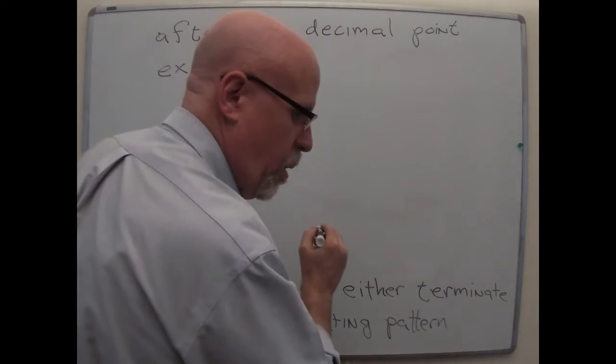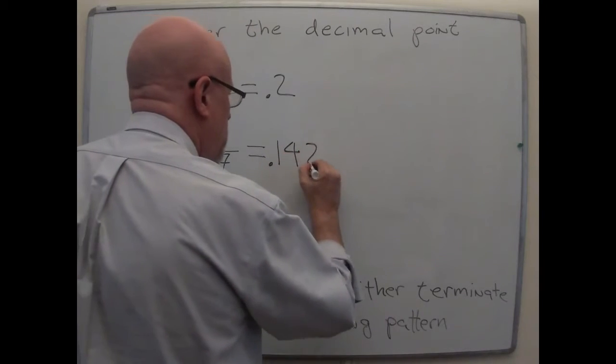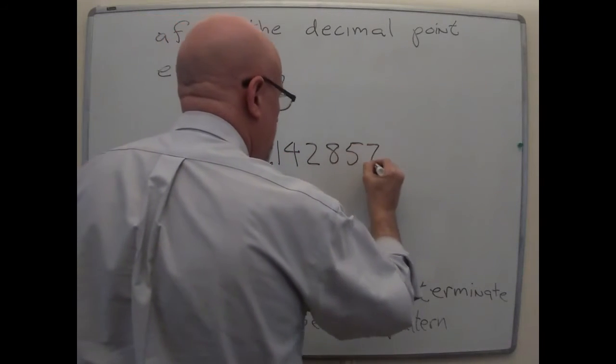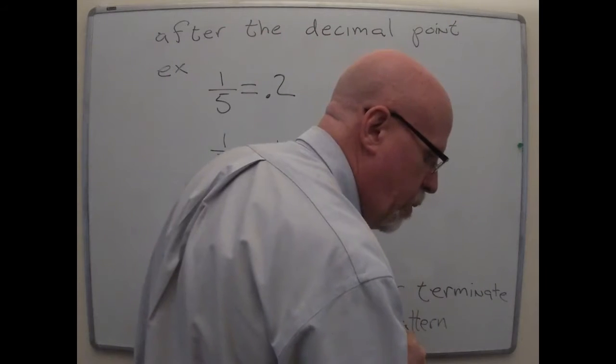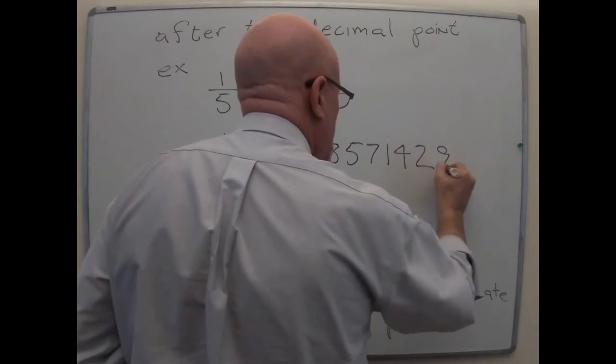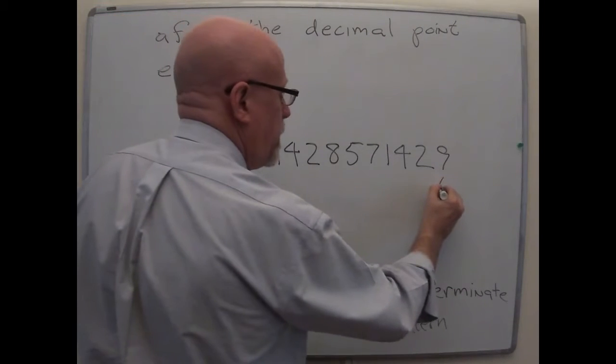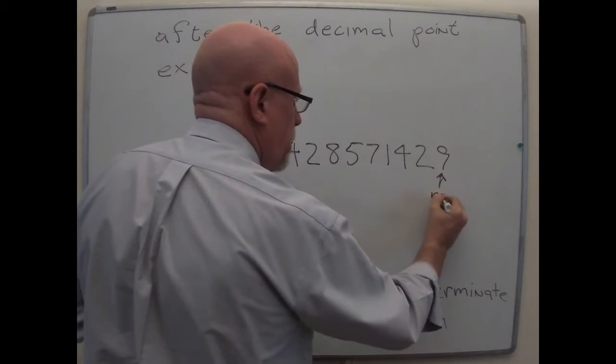It says 142857, and then 142857, and then 1429. And it looks like there's not really a pattern, but what's going on is this digit right here has been rounded up.